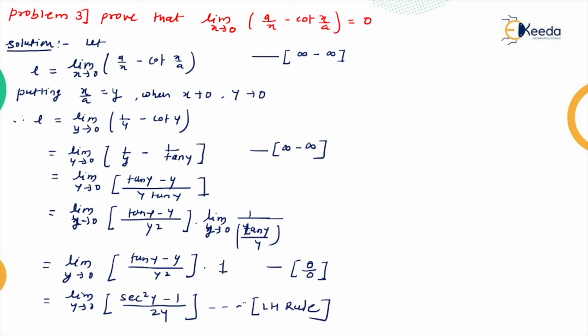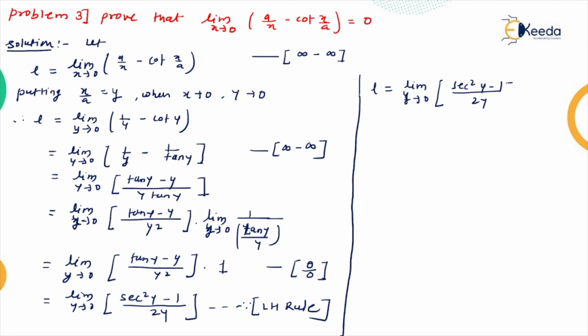I hope you understand this step very well. Now what is next? L is equal to the limit as y tends to 0 of sec square y minus 1 upon 2y. I am writing it once again: sec square y minus 1 upon 2y.